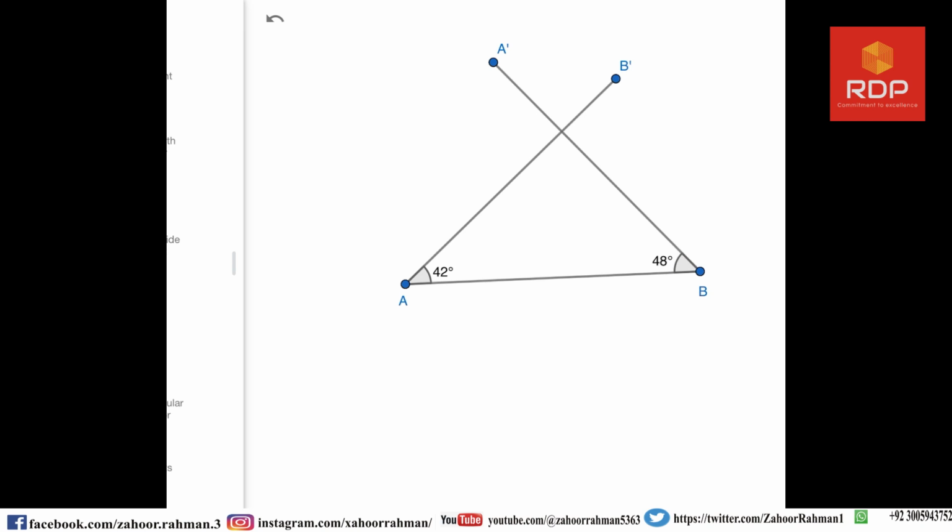So we will see that one angle is 42 degree and the second angle is 48 degree. Now we have to measure the angle which is labeled, let me label that point, and that is here, and we labeled it as C.